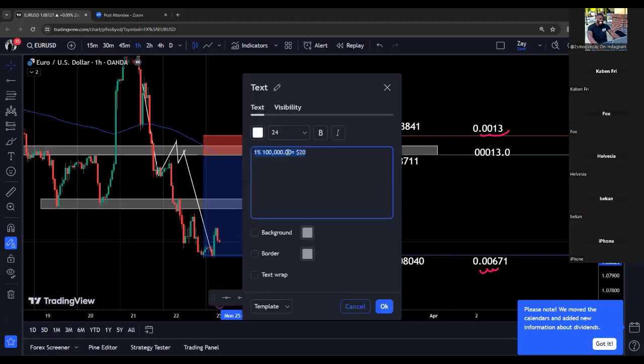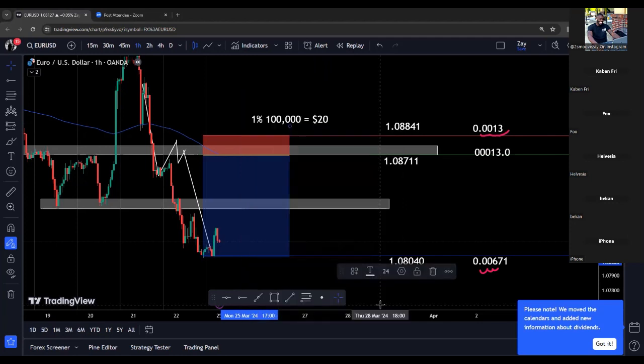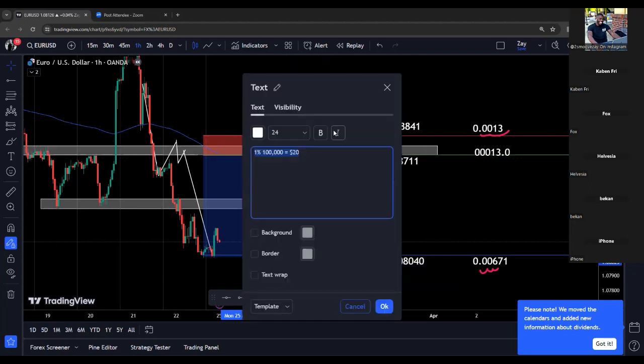Let's take this off. I don't need that. That's just telling us we don't need to risk so much to make more, right? Exactly. So if you got a $100,000 account, and you want to find out what's 1% of 100K.